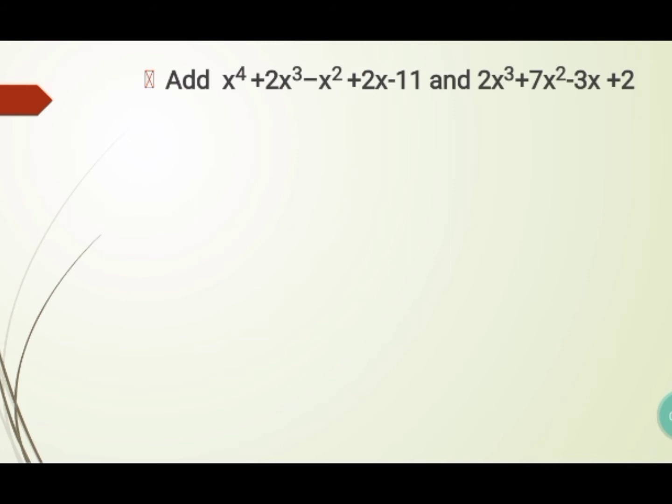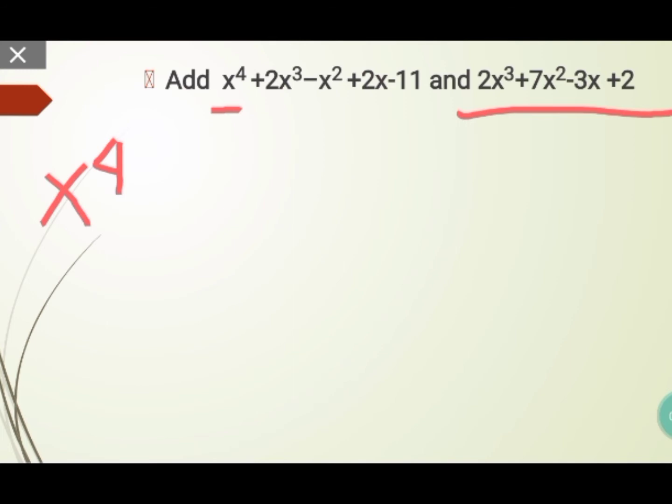Again, in adding polynomials, you are going to combine the similar terms. So x raised to 4: it is the only one, it doesn't have any same variable on the right, so bring down x raised to 4.